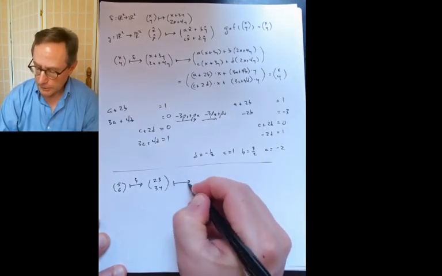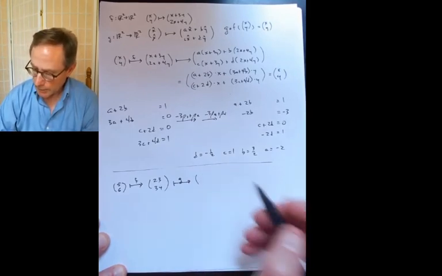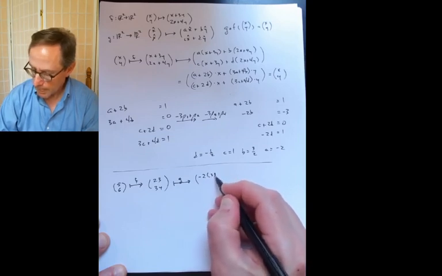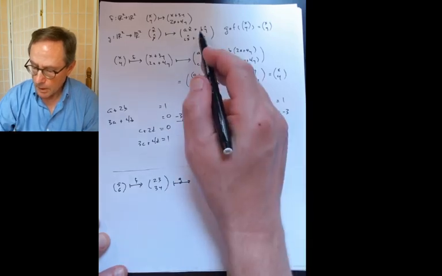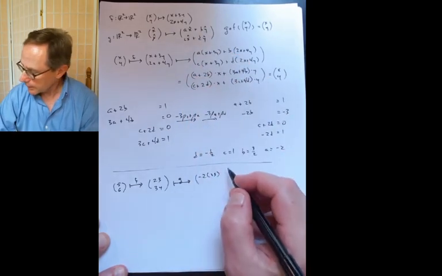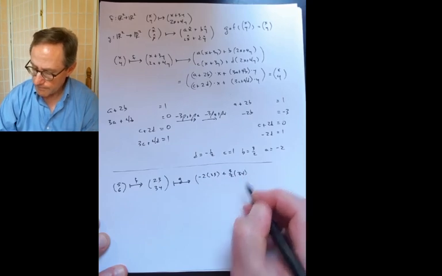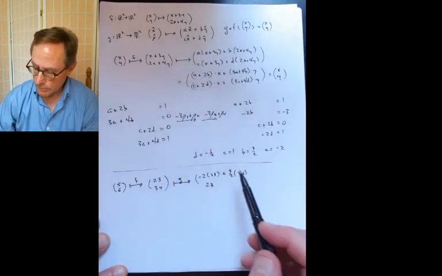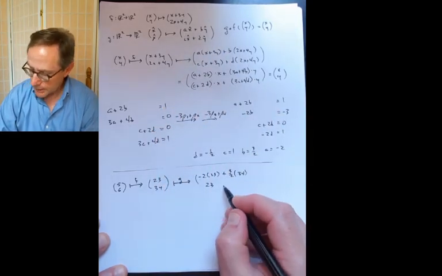And then what does G do? Let's see, I've got here minus 2 times 23, and then b times 34, so that's plus 3/2 times 34, and then 23, that's c is 1, so 23 minus 17.